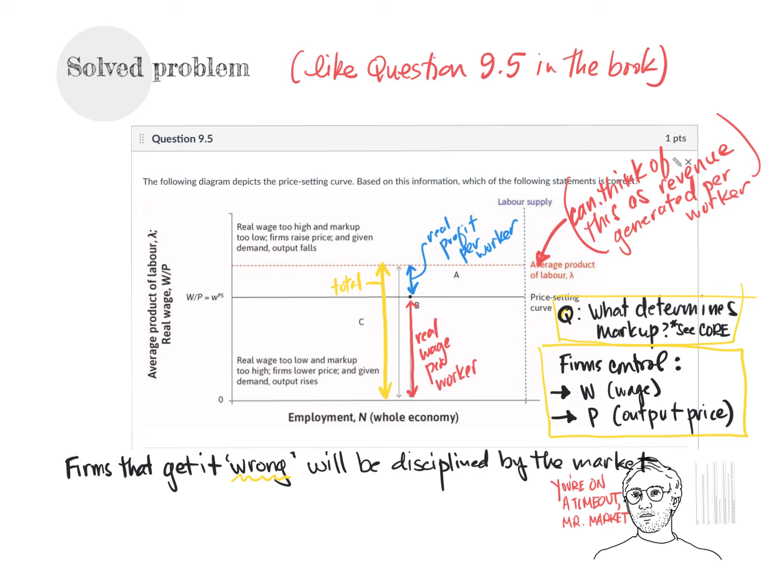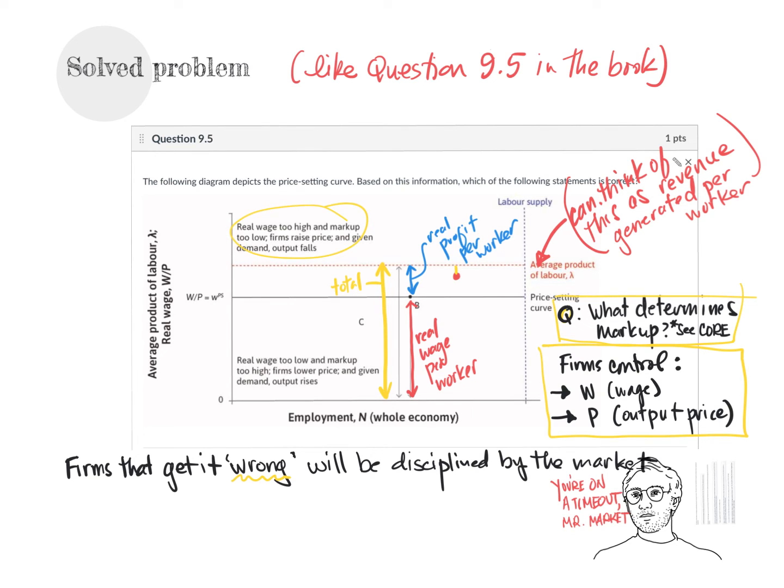But also, check out the horizontal axis here, employment. So notice points A and C. If that's where the economy is, let me draw a point here. That one firm's markup would then just be that little vertical distance between the product of labor and their price point. So that markup is pretty small.